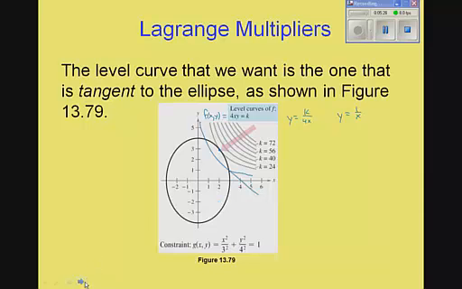Now let's try and say it algebraically. How do I get these level curves to be tangent to the ellipse, which I'm thinking of as a level curve?